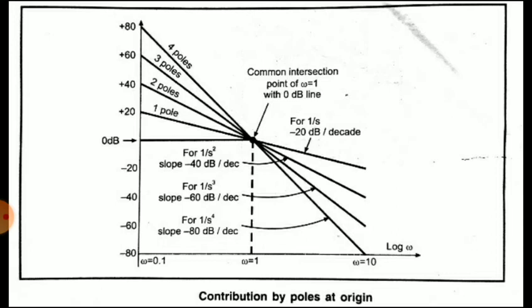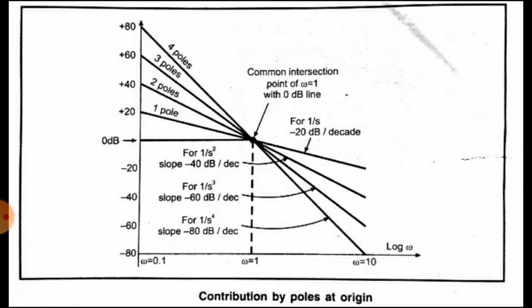Suppose there is a single pole, then the slope will be minus 20 dB per decade. If there are two poles at the origin, then it will be minus 40 dB per decade. If three poles, then minus 60 dB, sloping in the downward direction. And for four poles at the origin, it will be minus 80 dB per decade.